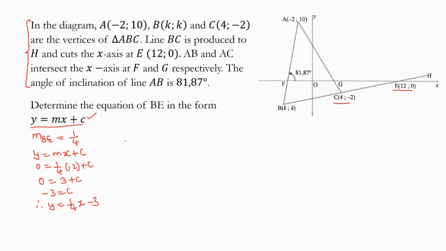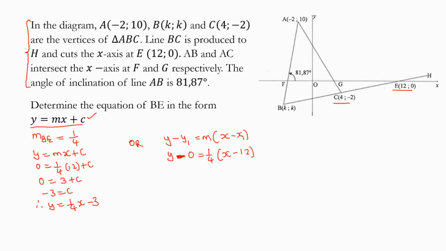Or you can start with this equation: y minus y1 is equal to m, the gradient, times x minus x1. Using the same point E, we say y minus 0 is equal to 1 over 4 times x minus 12.